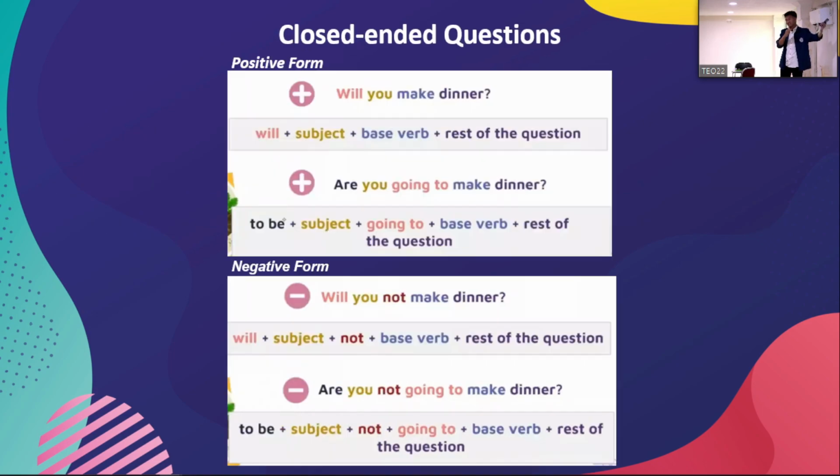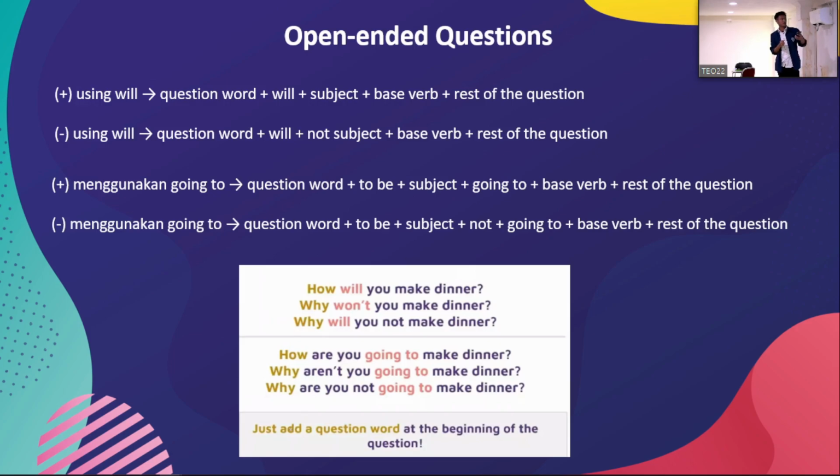For the close-ended question, you can answer it with just yes or no. And then the open-ended question. When you use will in the positive form, the point is you use the question word, what, who, where, when, why, how, in front of the sentence. The form is question word plus will plus subject plus base verb, and then the rest of the question.